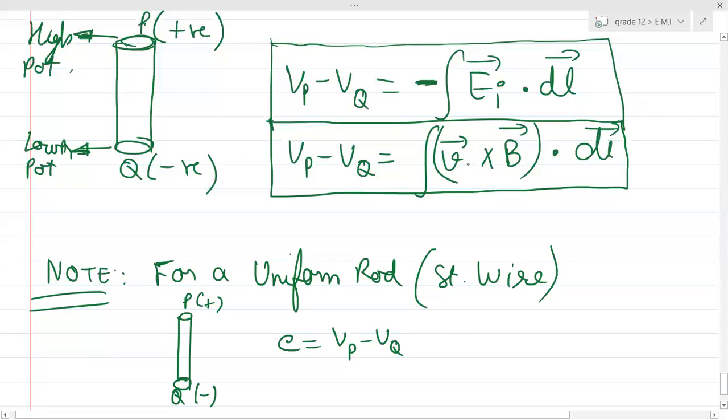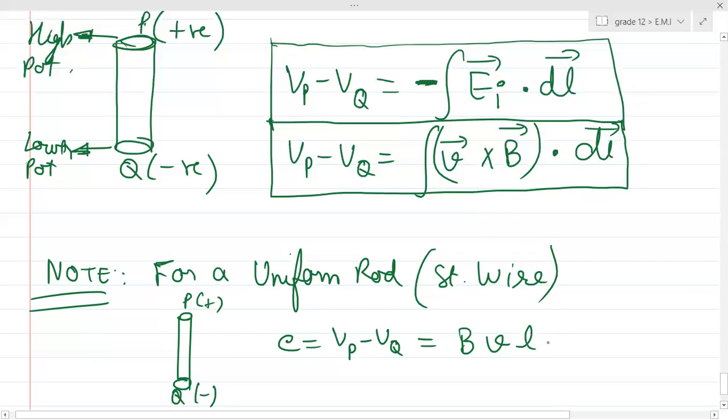And when you integrate this thing, when everything is constant, guys, when everything is constant over here, then what will be the only case? This will be equal to v into B, and you'll integrate only dl, right?